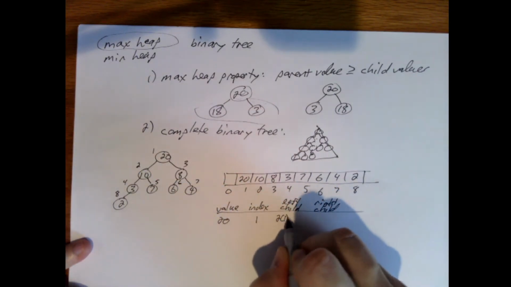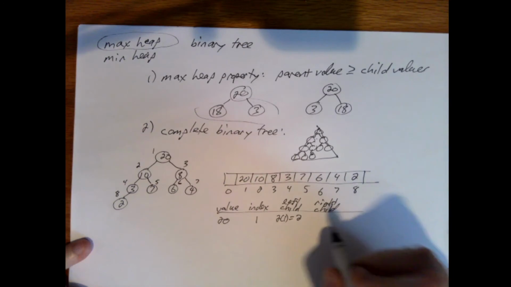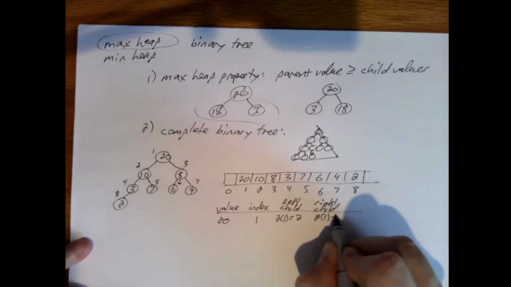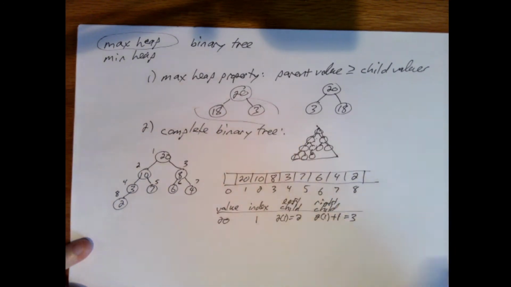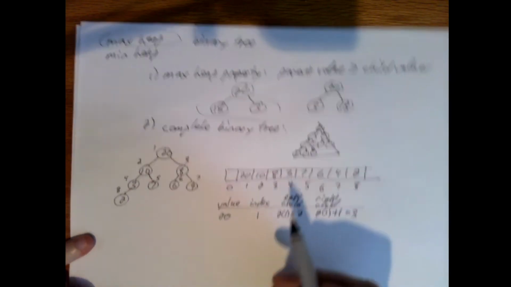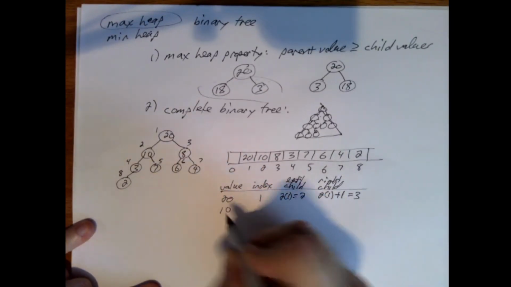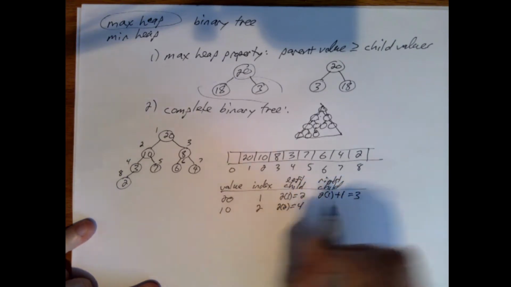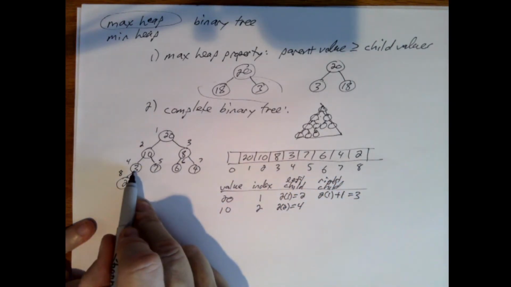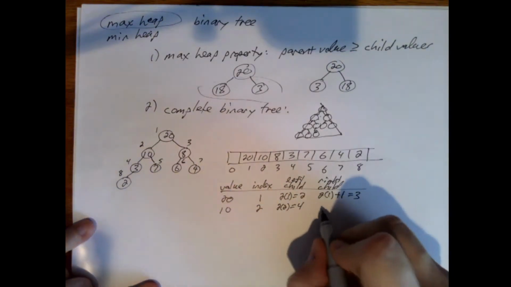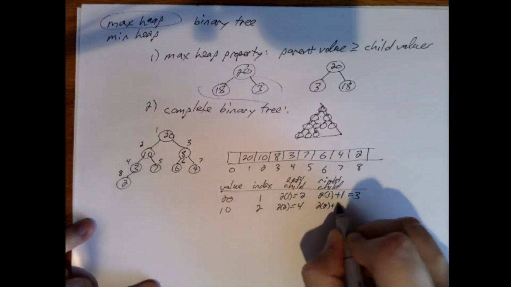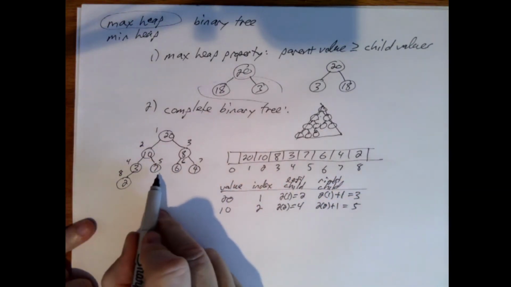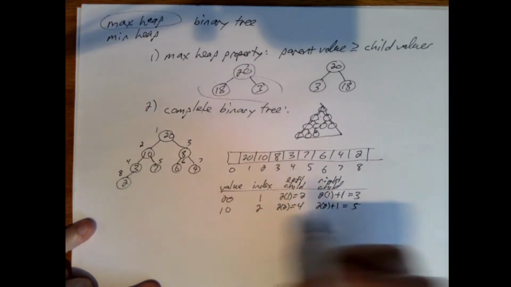Well, 2 times 1 equals 2. And the right child is 2 times 1 plus 1 equals 3. There's the 2, there's 3. Look at the 10. Its index is 2. 2 times 2 equals 4. There's the 3, that's the left child. But the right child, 2 times 2 plus 1 equals 5. Well, there's the 7. Let's look at the 3.